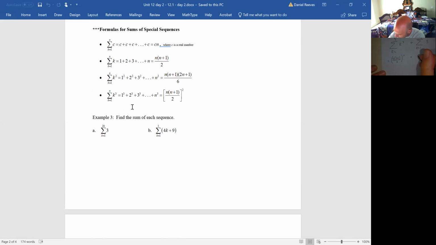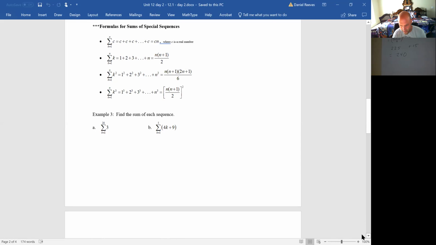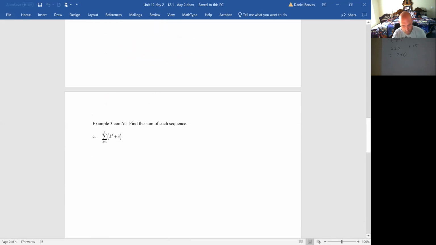And this is really just 5 3s, so it is 15. 6 divided by 2 is 3, times 5 is 15. We have 225 plus 15. I believe my answer to be 240 to this one. That wasn't altogether that crazy.